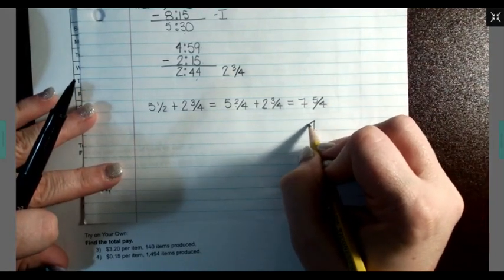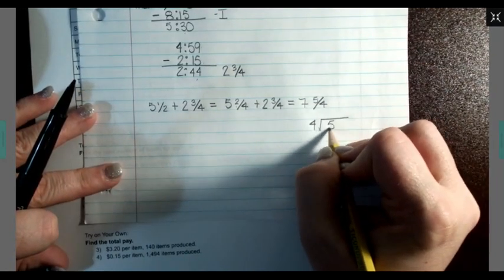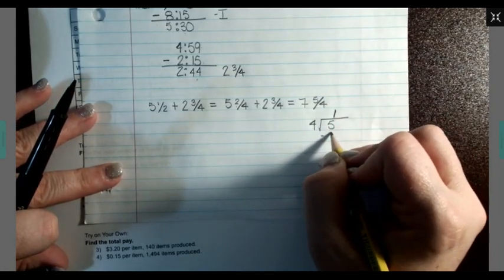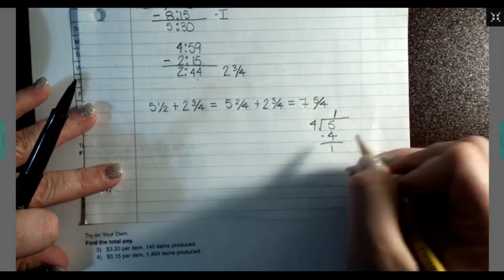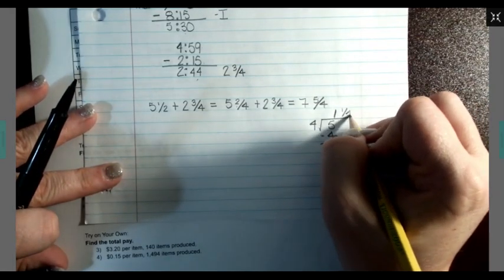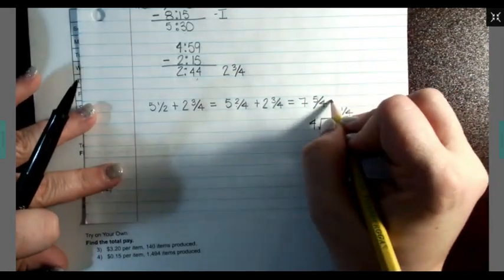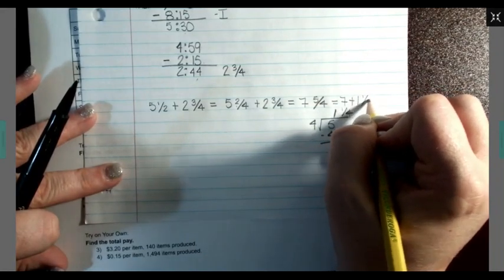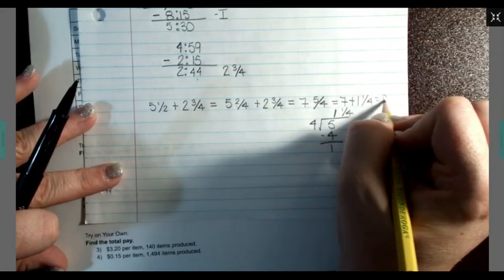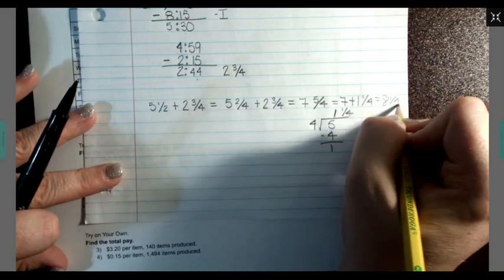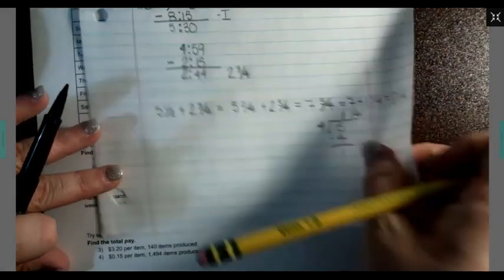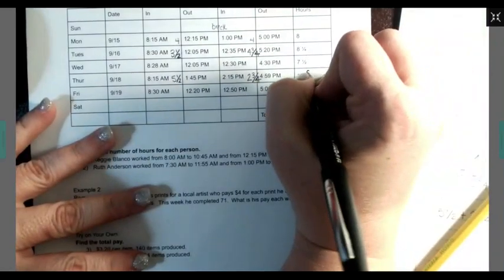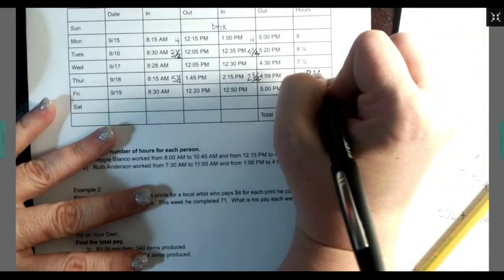So we would say, okay, 4 divided into 5 is 1 whole hour, and we'd have 1/4 remaining. So we basically take our 7 and add 1 1/4, which gives me the same answer as earlier, which was 8 1/4. So I'm going to put that right here on this line. 8 1/4.